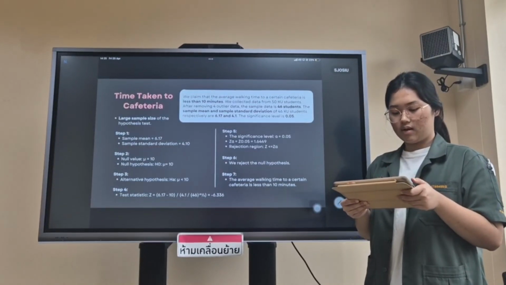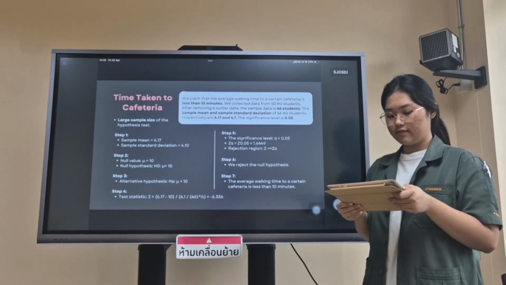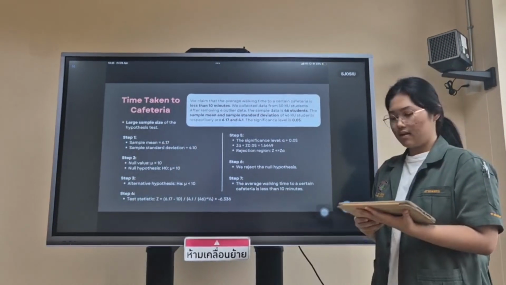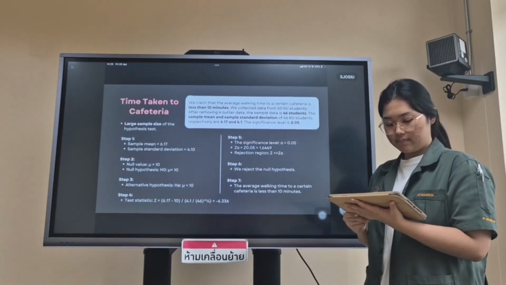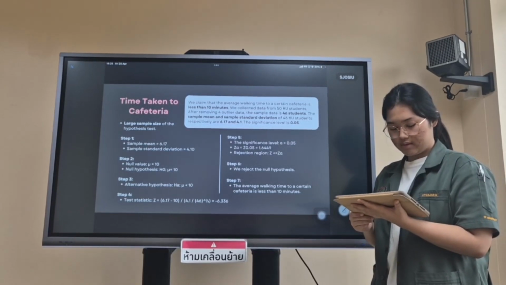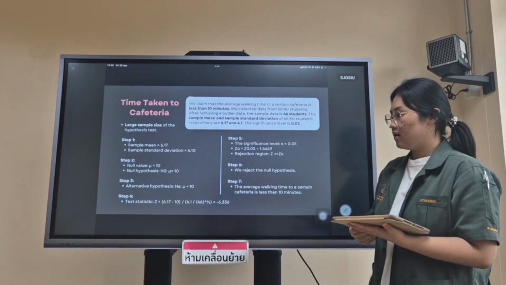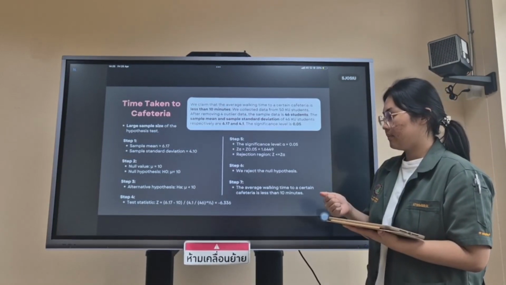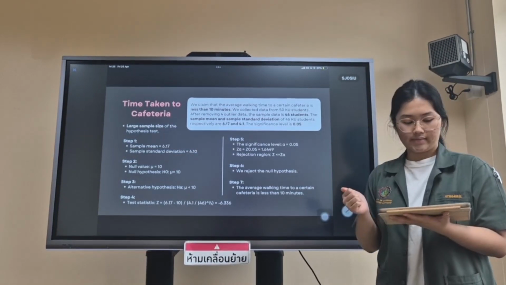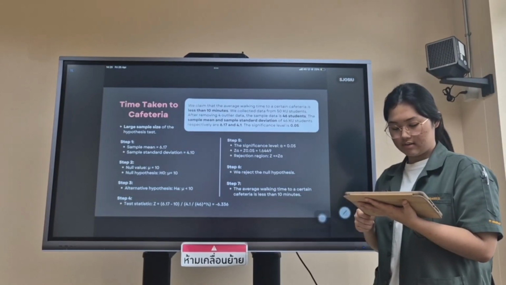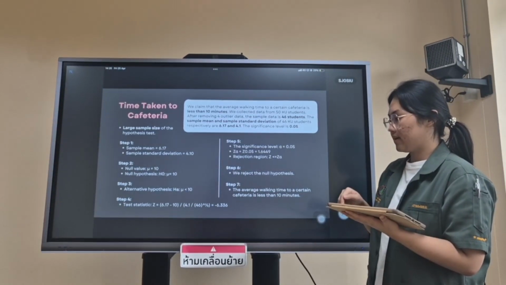First, this situation fits the large sample size hypothesis case. Step 1, we got mean equal to 6.17 and standard deviation equal to 4.1. Then 2, we set the null hypothesis mu equal to 10. 3, alternative hypothesis is mu less than 10.